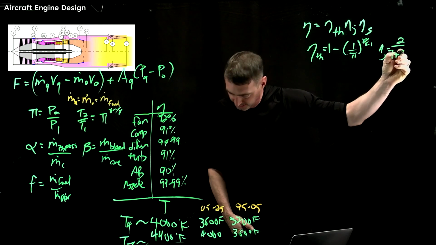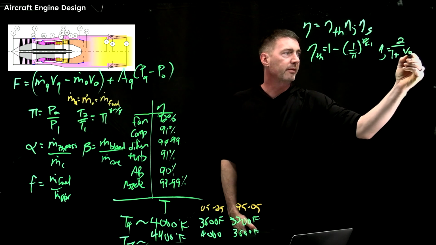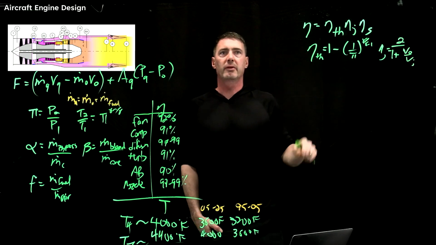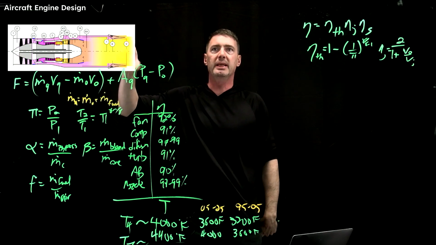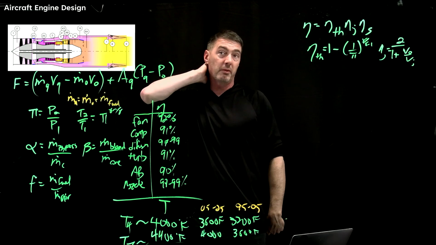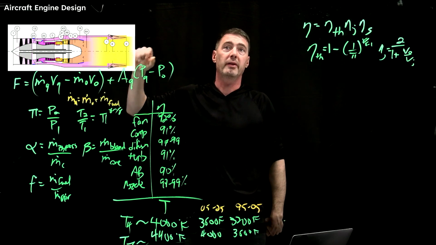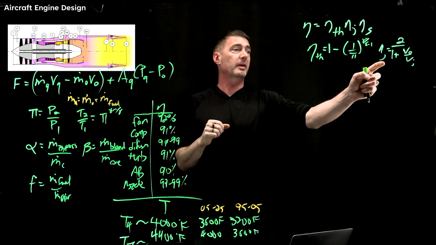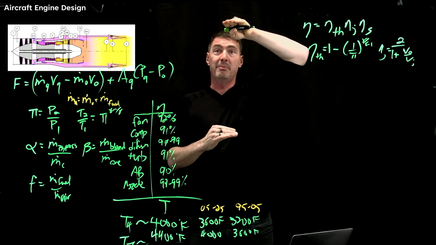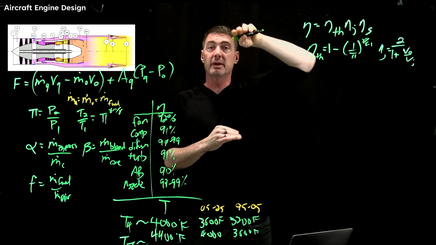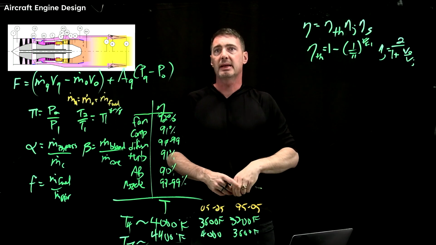It's basically the kinetic energy, relating V0 to your V jet. Your most efficient case is basically when the jet speed is the same as the inlet speed. That's one of the reasons why bypass engines work really well. This term gets more efficient if you take a really big fan and a whole lot of air and barely add any speed to it. You basically maximize that term.